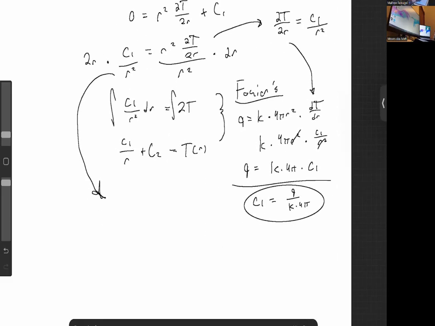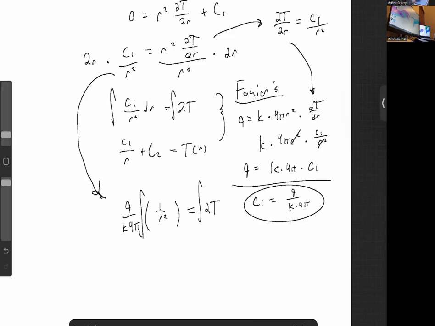We can say that Q over K 4 pi multiplied by 1 over r squared equals dT. So the reason why I left this radius out is because we're actually doing this along two sides.